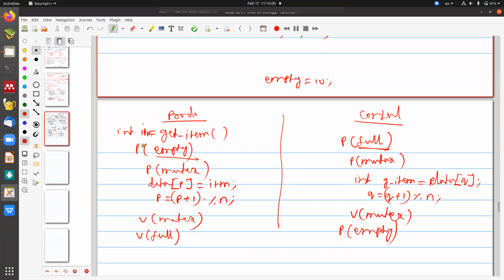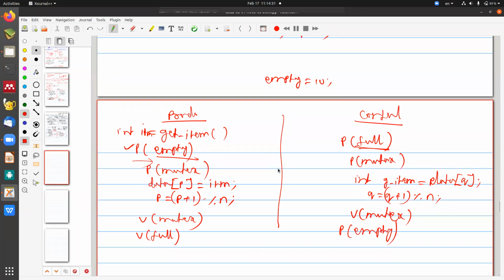So gradually, when the first person enters, second person enters, third person enters, empty is reducing, because in P it reduces and in V it increases. So when this empty value becomes 0, can P allow anybody to enter this place? No. So indirectly it is full. That's why there is no need to write a condition, because whether it is full or not is satisfied by the P operation.